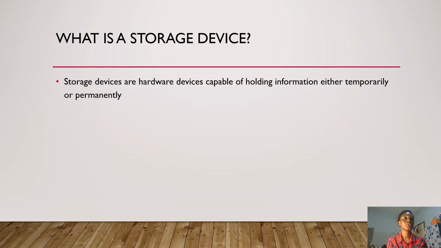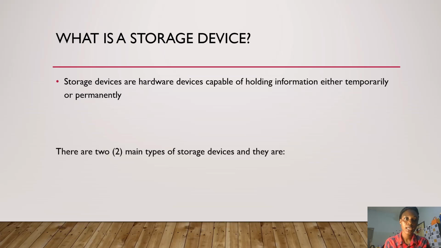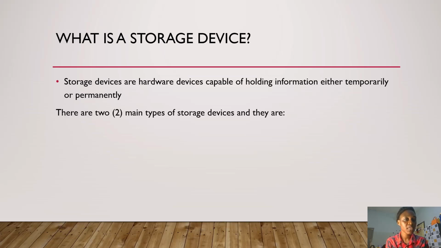Temporary storage wouldn't keep our information for long, but permanent storage will last longer for future use. And we have two main types of storage devices, as I earlier said: the primary and the secondary storage devices.